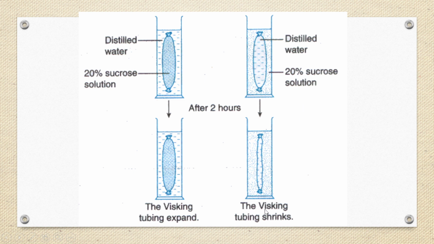Yes, the Visking tubing is going to shrink in size. It's going to be flaccid if you touch it. This one is going to be firm, turgid if you touch it.